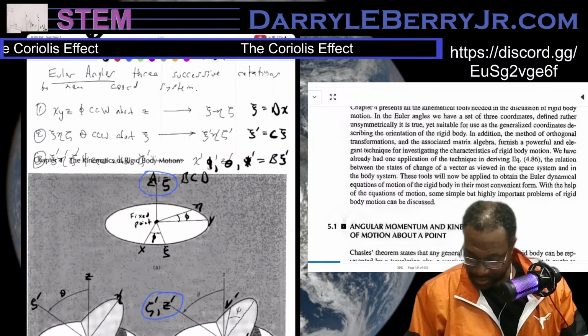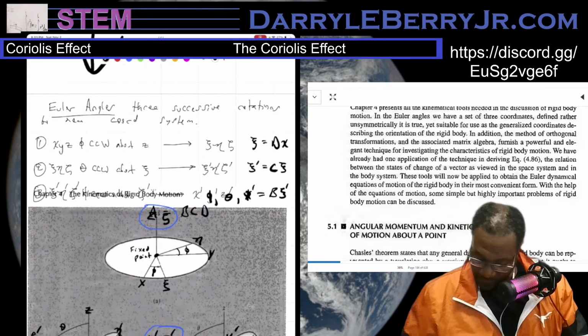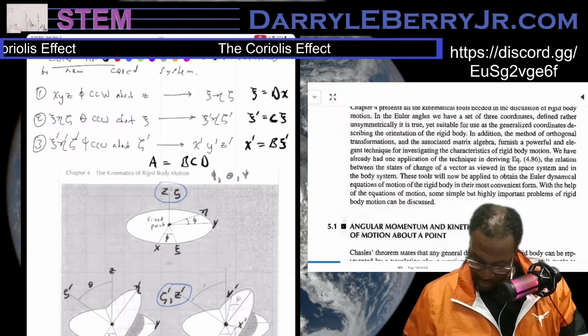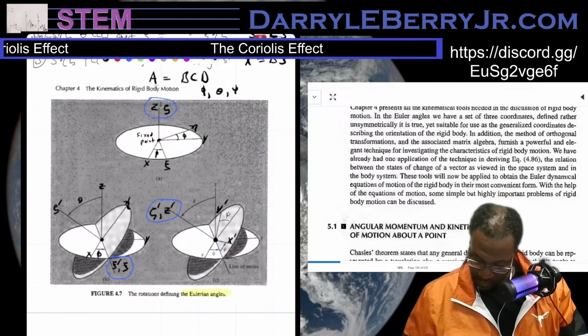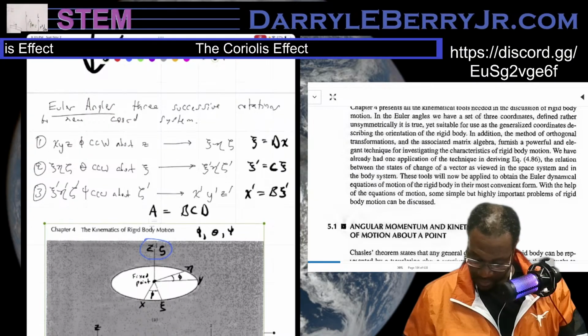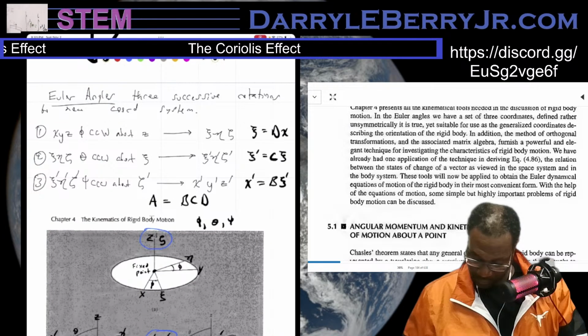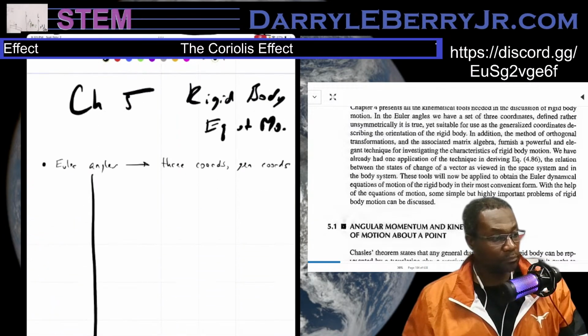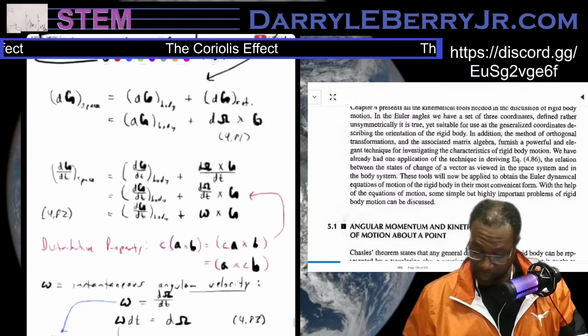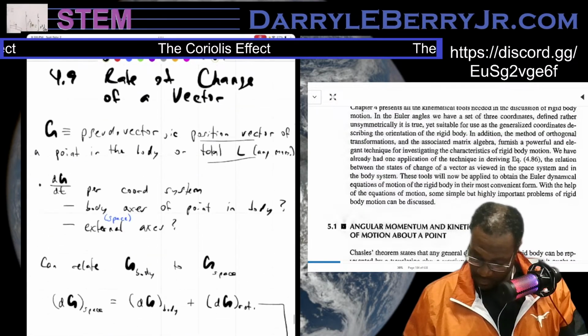I kind of hate how they scroll back and forth through all of the things. Here. We'll go to 4.86.